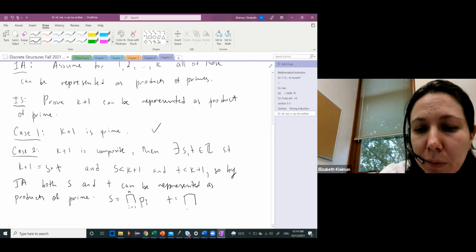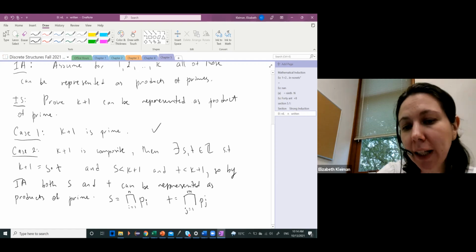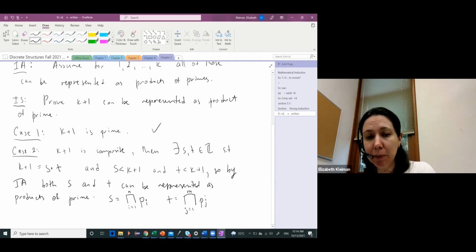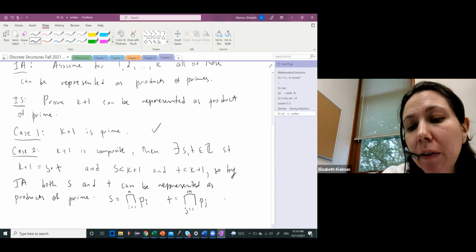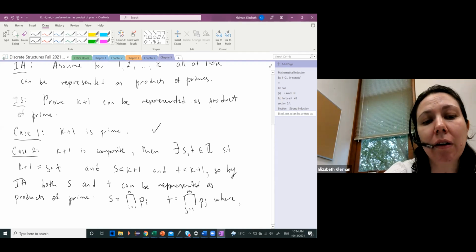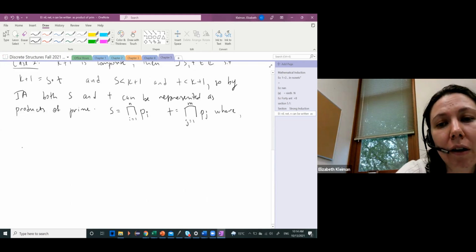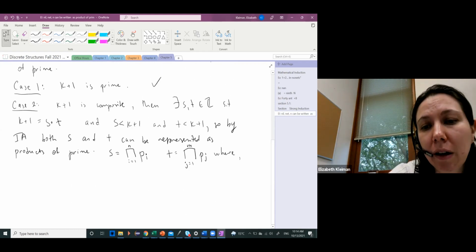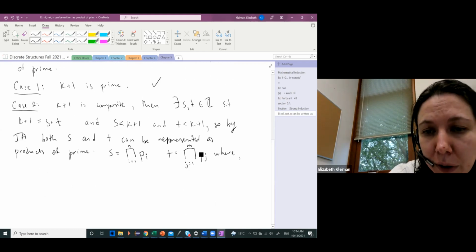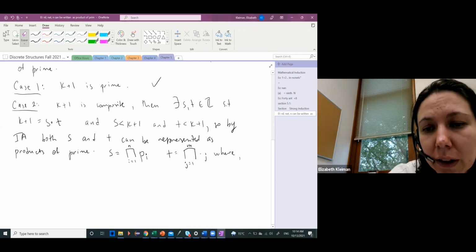This is the notation for product, kind of like the sigma notation for sums. j is going to be 1 to m of q_j. Okay, I do not want to use the same letters.